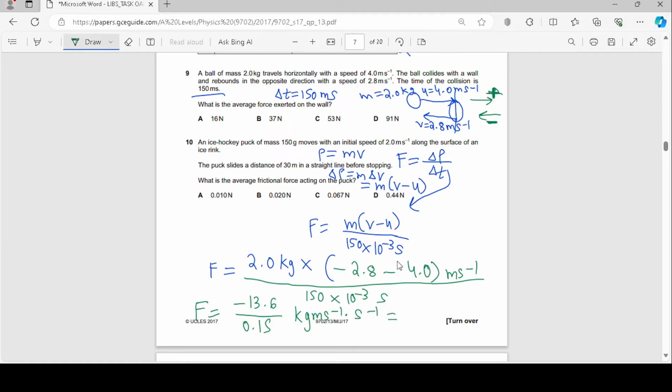So that's minus 13.6 divided by 0.15, which is minus 90.6 kg m s to the minus 2, which is approximately minus 91 kg m s to the minus 2. So if I look at the options, then D is the closest answer.